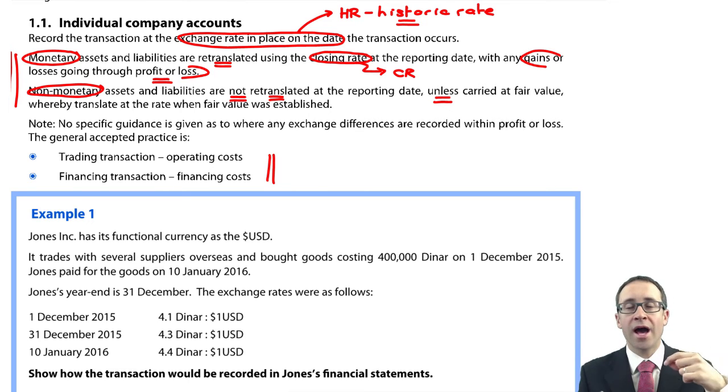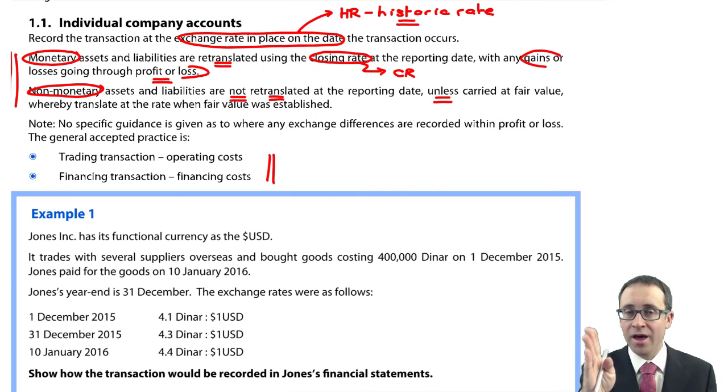Monetary, you go through there and retranslate at the closing rate, gains and losses to profit or loss. Non-monetary, you just leave them there at the historic rate. You do not go through there and retranslate, do we? Okay. If there are any gains or losses when you retranslate anything to do with your monetary items, gains or losses always go to profit or loss.